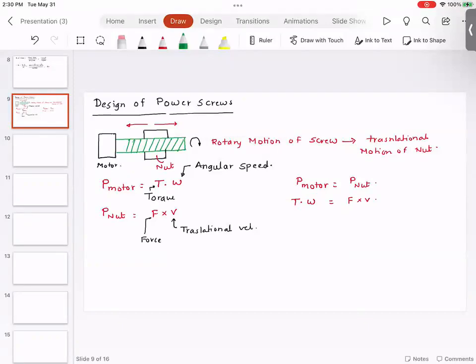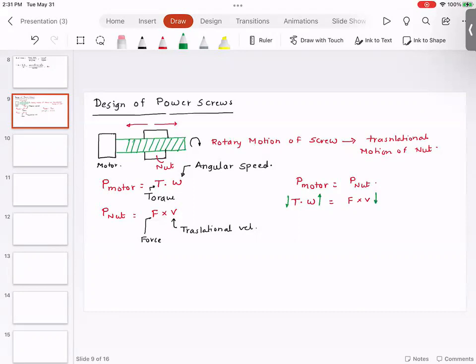Now, typically, electrical motors are designed to run at very, very high speed. So the omega value for the motor is quite high, anywhere between 10,000 RPM to 12,000 RPM. Torque value is typically low. The translational velocity of the nut is typically lower compared to the angular velocity of the motor.